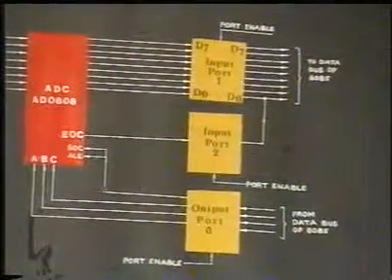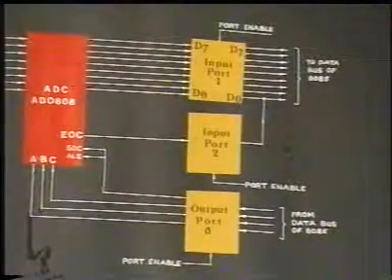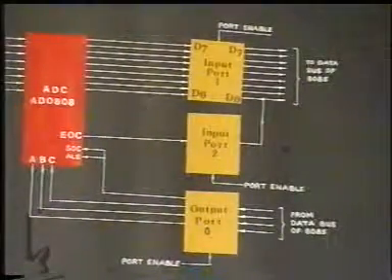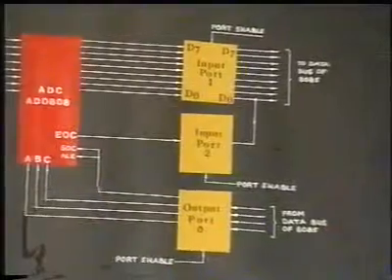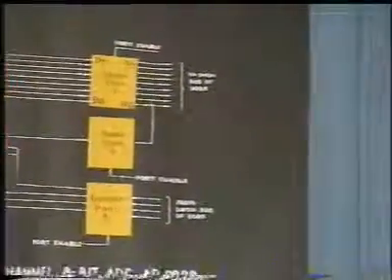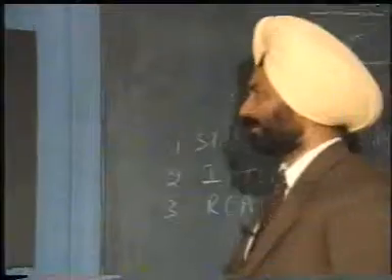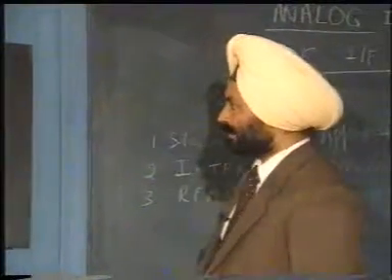Well, the software requirements of this can be as follows. We have written the software with the view that we take a sample from each of the channels, starting from channel 0 to 7.